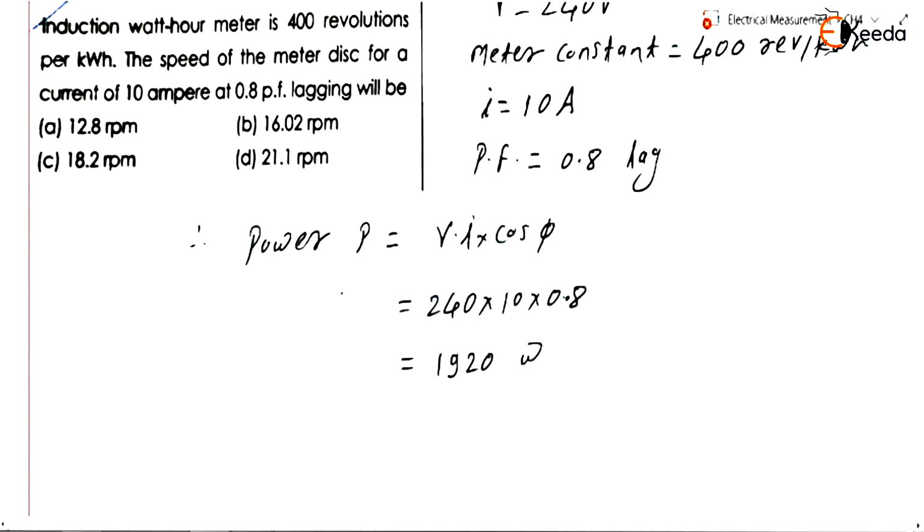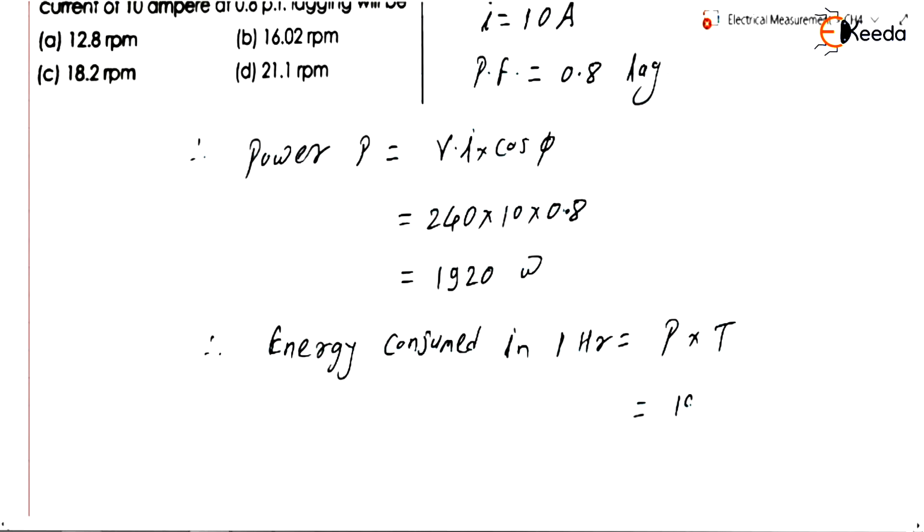Now suppose we keep the same load for 1 hour. Therefore energy consumed in 1 hour is equal to power P into time T. What is power P? It is 1920 into hour, we have considered only 1 hour.